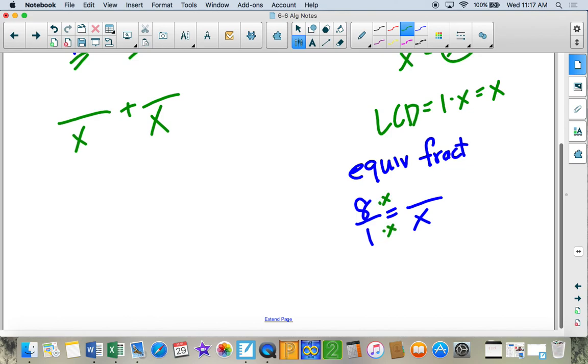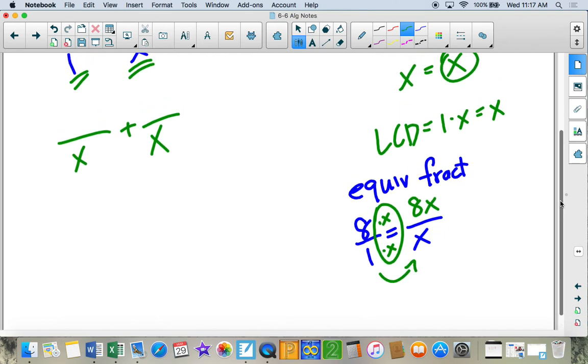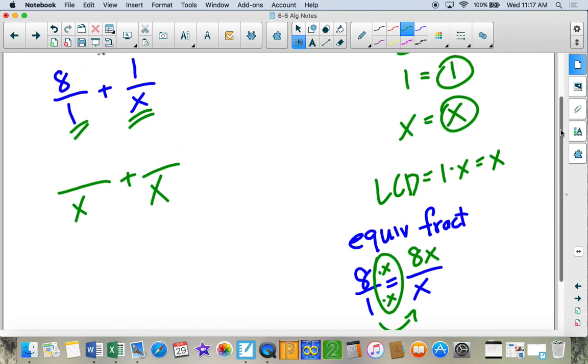So if I multiply the denominator by x, I have to multiply the numerator in order to keep it equivalent. 8 over 1 is equivalent to 8x over x. And in my second fraction the denominator is already x, so the numerator won't change. Now that we have common denominators, we can combine the numerators.